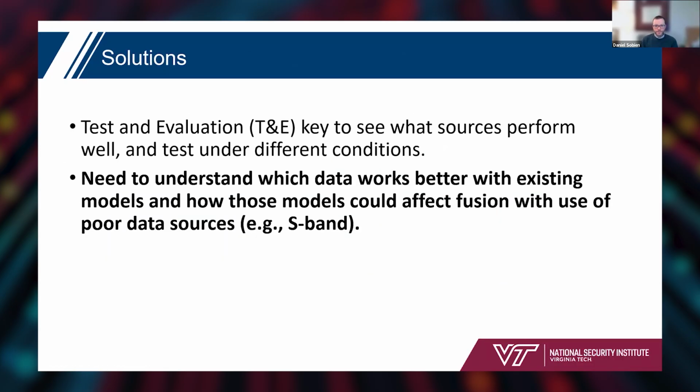And so I think that doing test and evaluation, understanding how well your model performs on the different sources, testing the boundaries of where the model performs well, is really needed. So you understand what's going on and what conditions you can test this in or feel confident that your model is going to perform in.